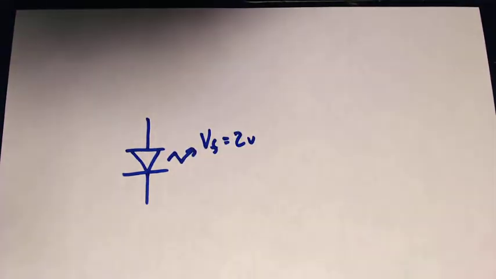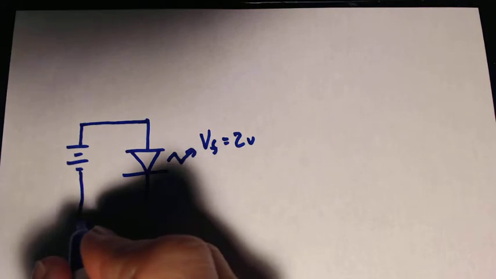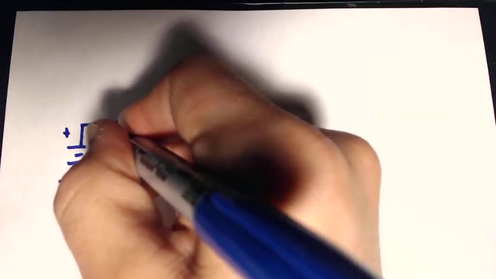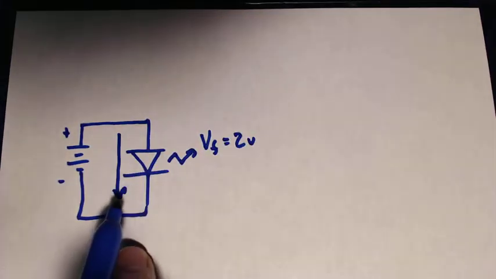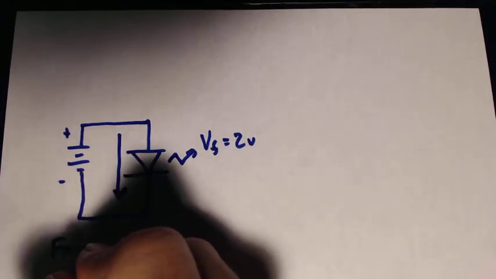For this example, I'll just say the forward voltage is 2 volts. Now, if we forward bias it, we are attempting to push current in the correct direction. And so you would say that this is forward biased.